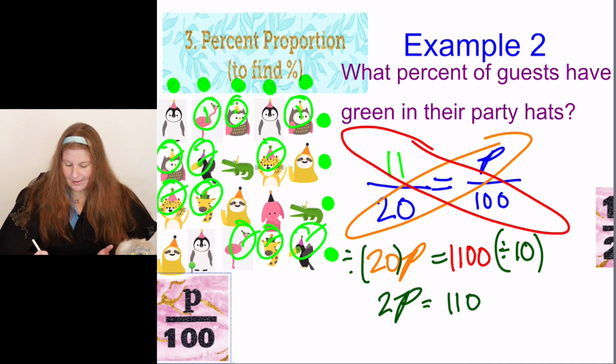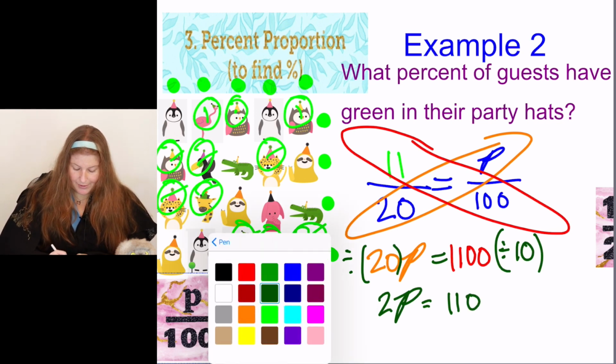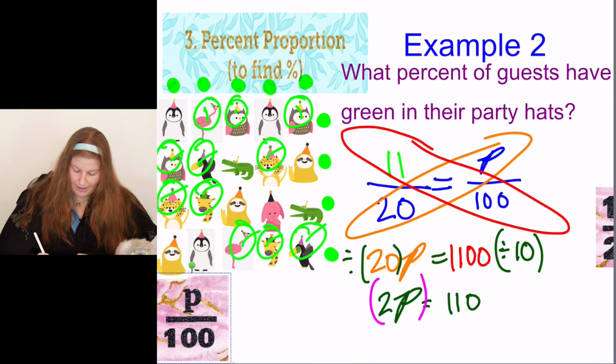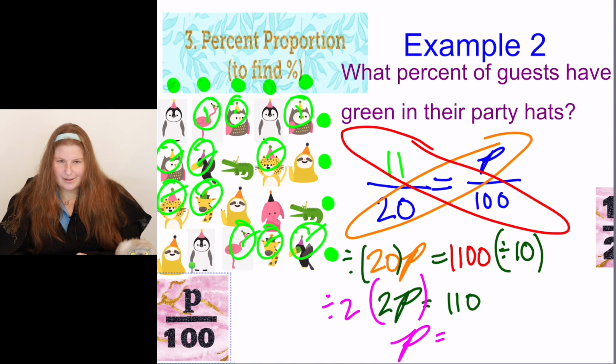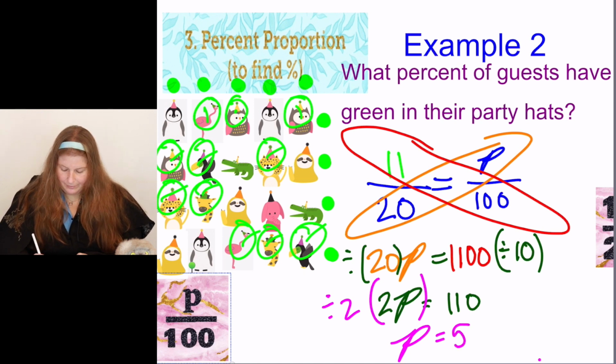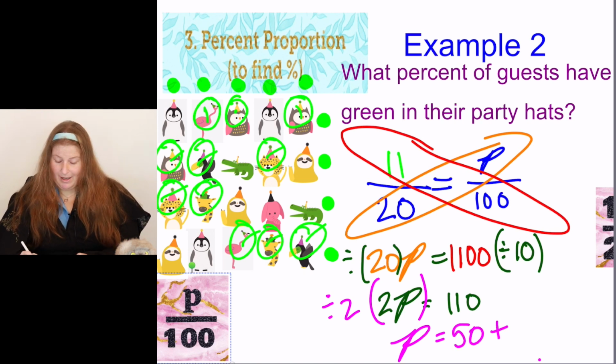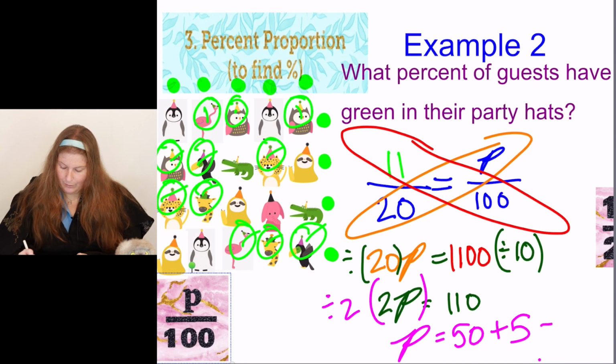Now in my mind, I can solve the next step also, because I know that 2p divided by 2 would be p. I've successfully isolated p, the variable. And 110 divided by 2 is just 100 divided by 2, which is 50, plus 10 divided by 2, which is 5, which is equal to 55.